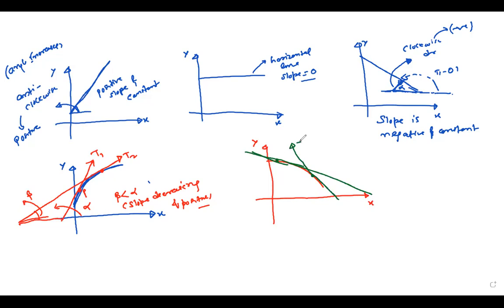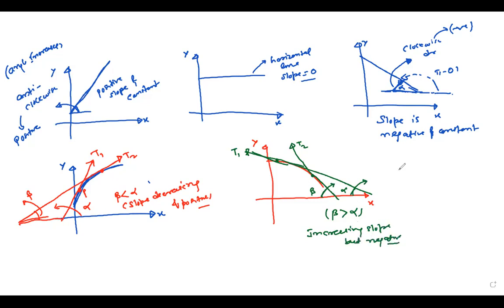This is T2, this is T1, this is alpha, this is beta. See, this is negative clockwise direction, but you can see beta is greater than alpha from the figure itself. Okay, height is greater than negative height, maybe negative height, but negative slope. So increasing slope but negative.